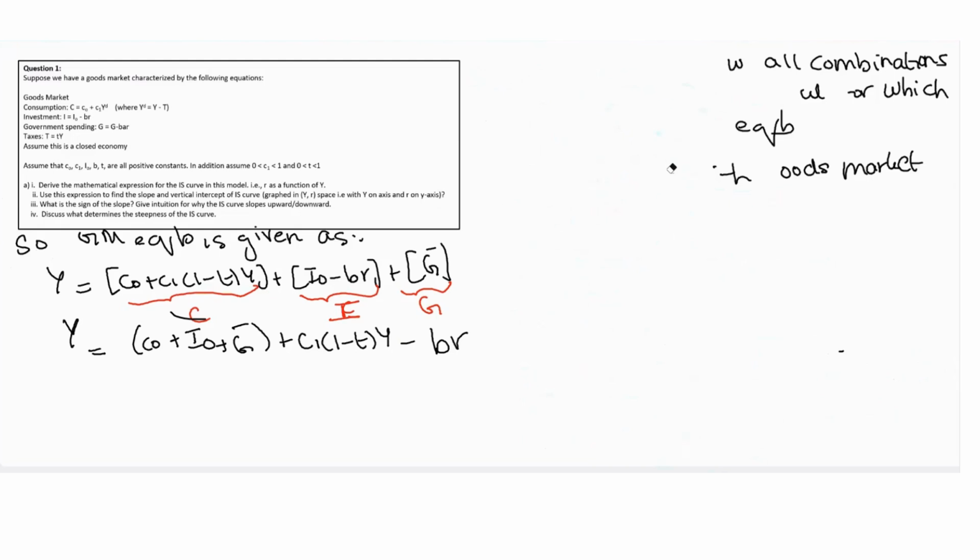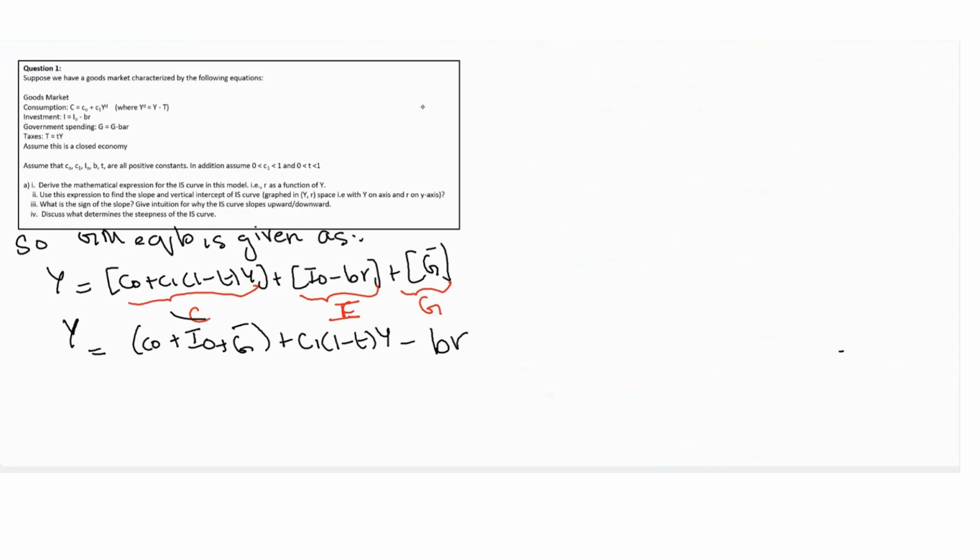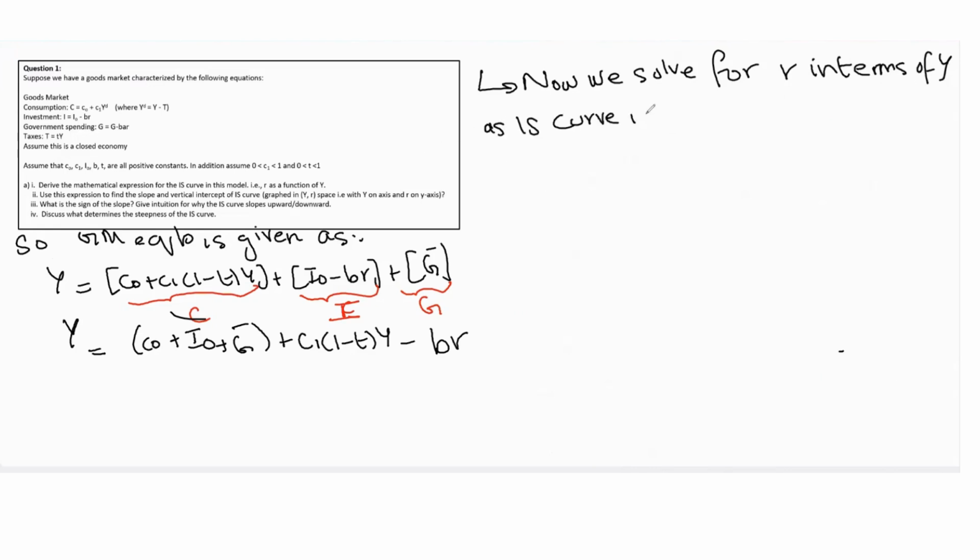So we're going to solve for R in terms of Y. That's the next step, as the IS curve is graphed with R on the vertical axis and Y on the horizontal axis.